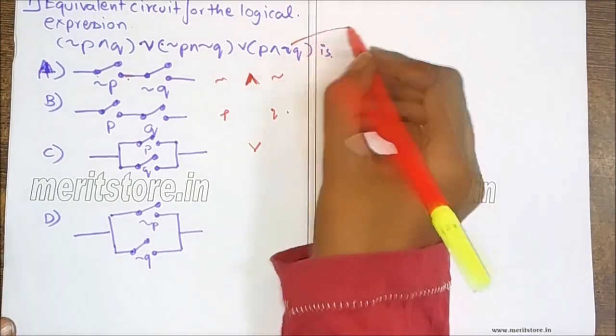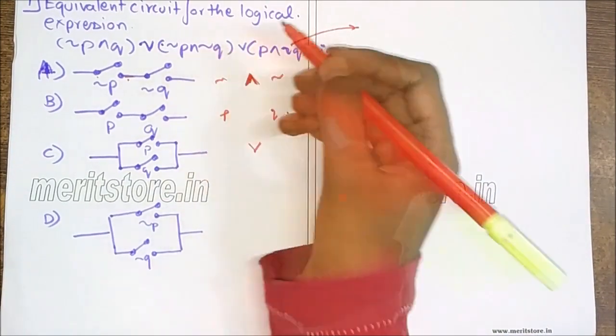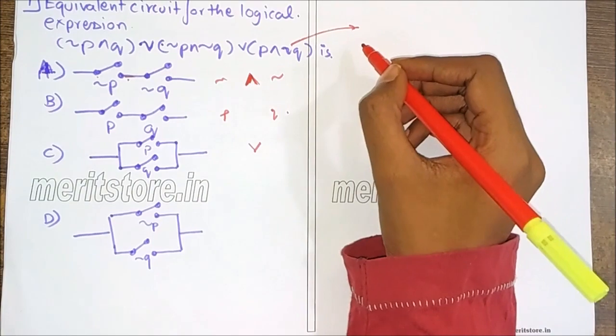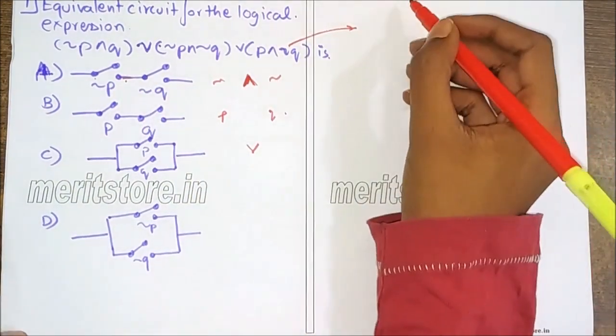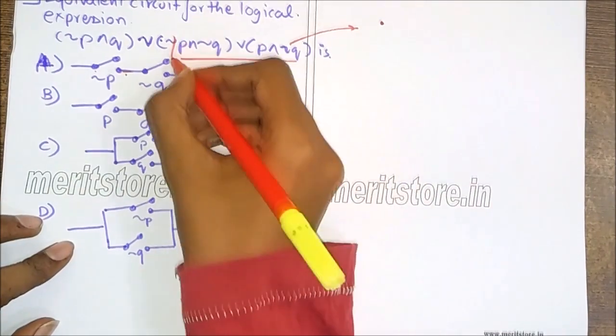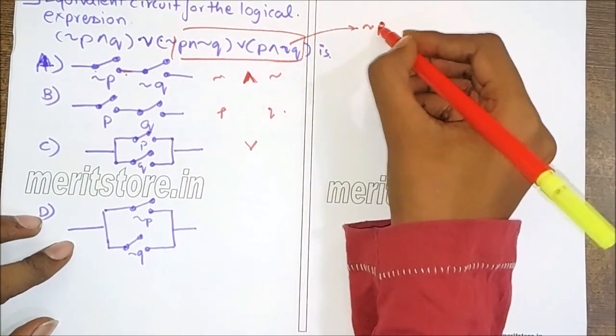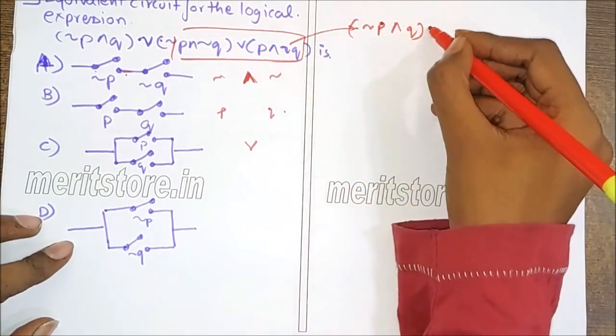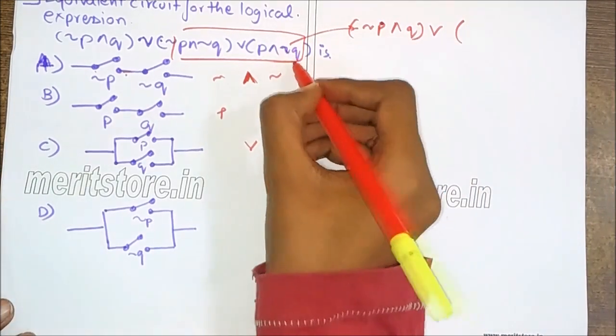So first we'll simplify this equation in terms of just single P and single Q. By distributive property, this can be simplified as negation P and Q, or here negation Q is common.